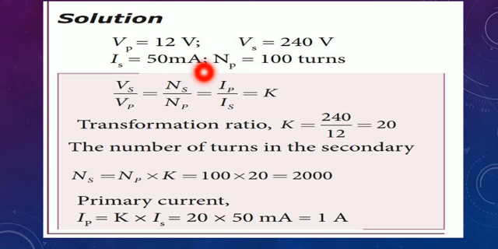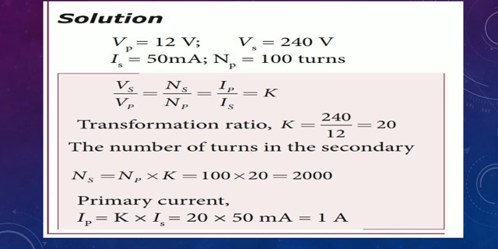The number of turns in primary is 100 turns. Therefore from the transformer equation, Vs divided by Vp is equal to Ns divided by Np is equal to Ip divided by Is.